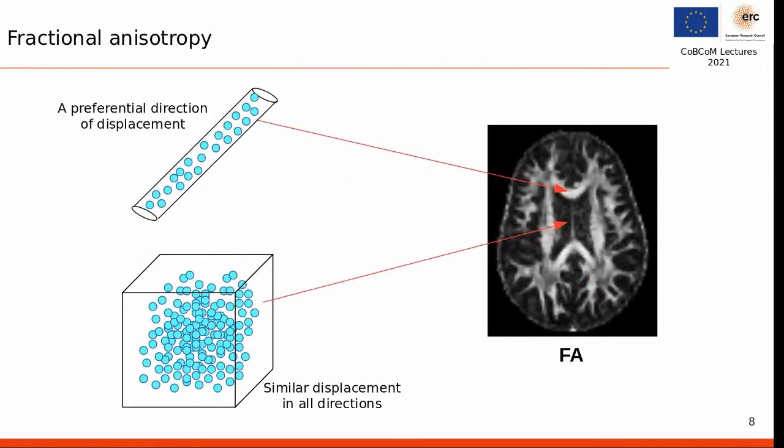In a similar manner, fractional anisotropy provides us with a tissue contrast where a dark pixel corresponds to a diffusion process that occurs in the same way along the different spatial directions, whereas a bright pixel corresponds to a displacement of water particles that follows a preferential direction.